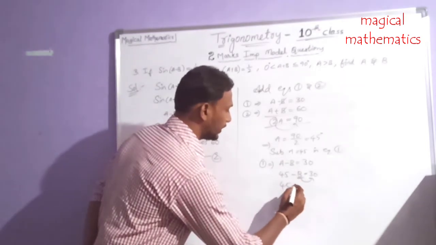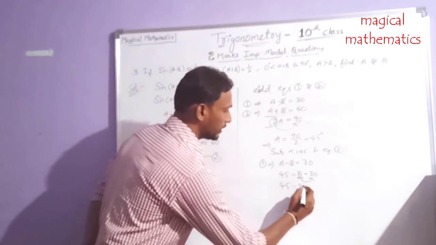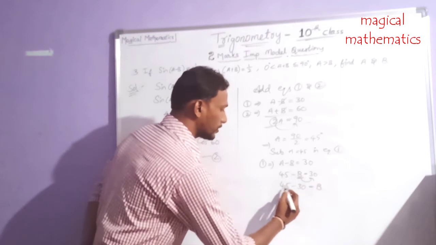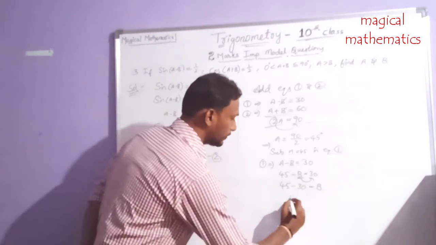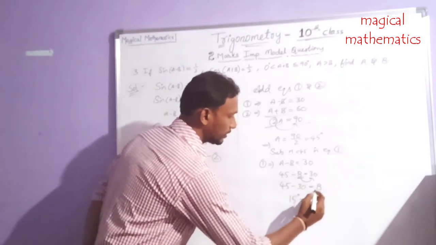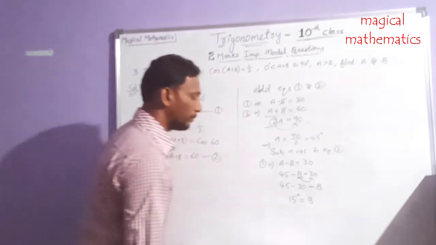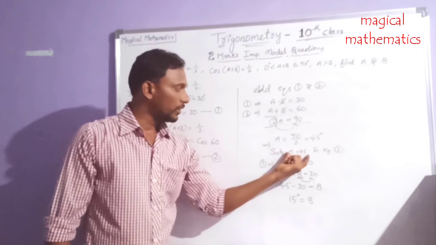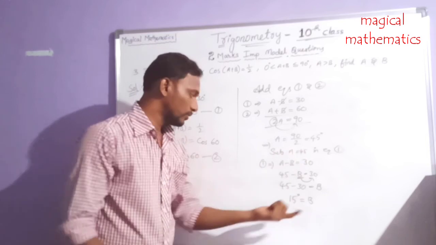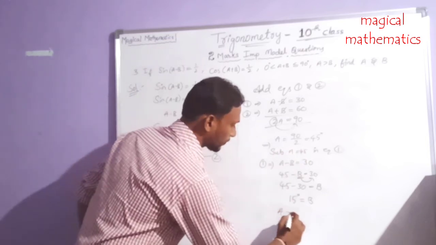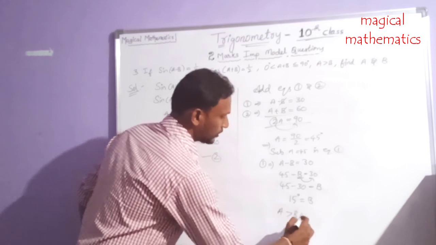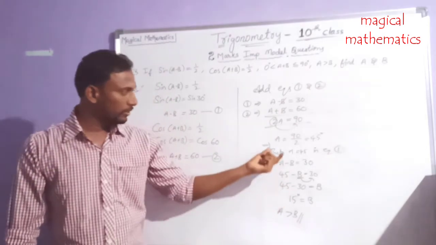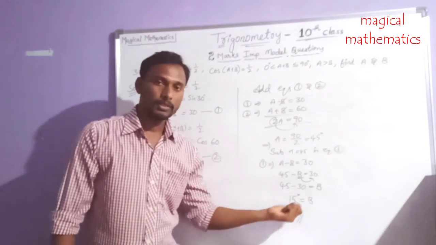So 45 minus 30 is equal to B. 45 minus 30 is 15, which is the B value. Is the condition satisfied? A value is 45, B value is 15, so A is greater than B. Both the conditions are satisfied. So A value is 45, B value is 15.